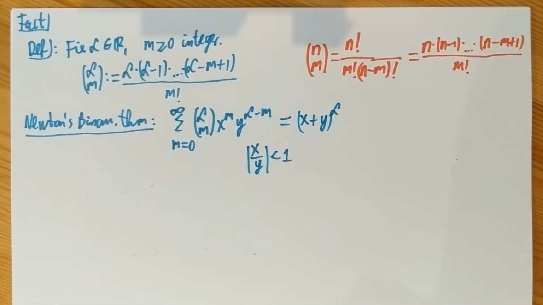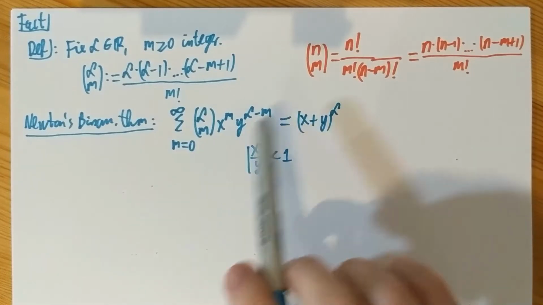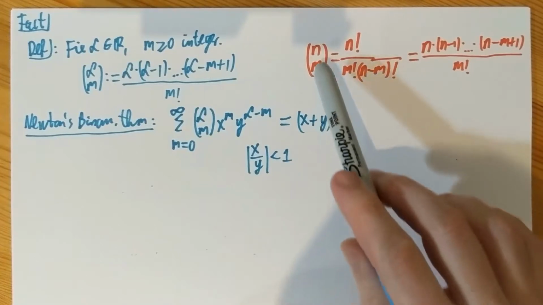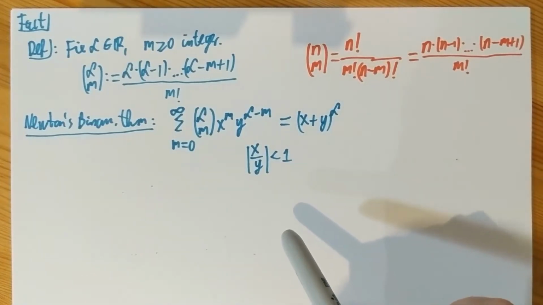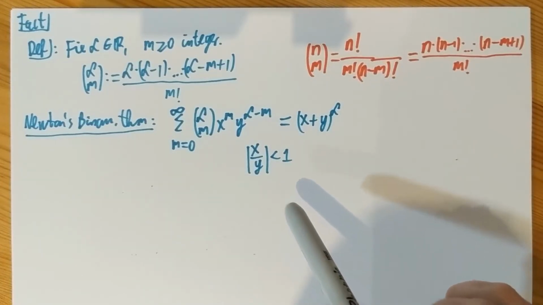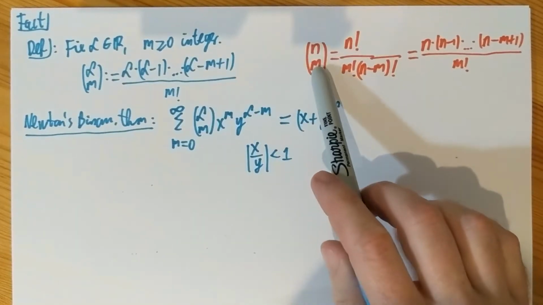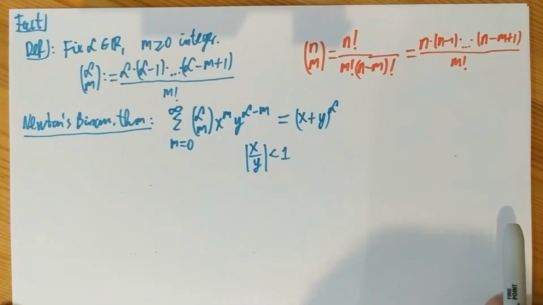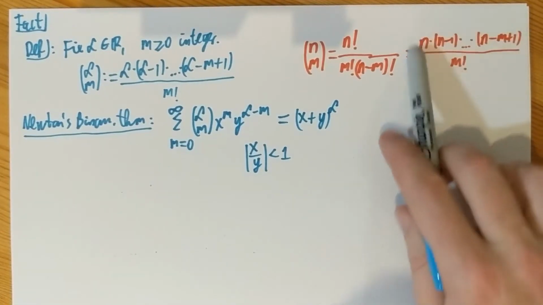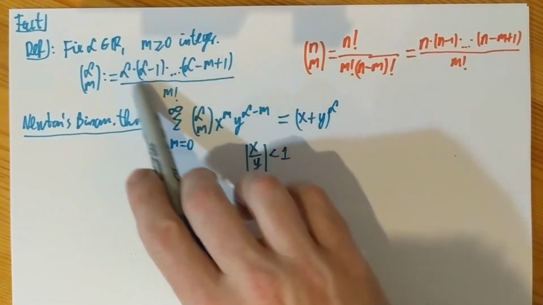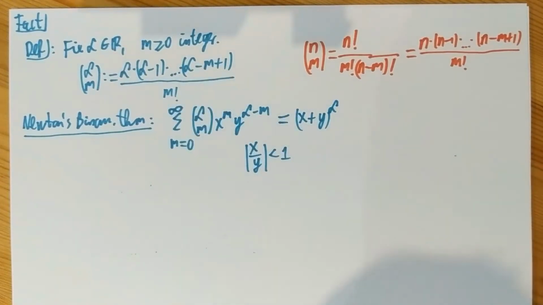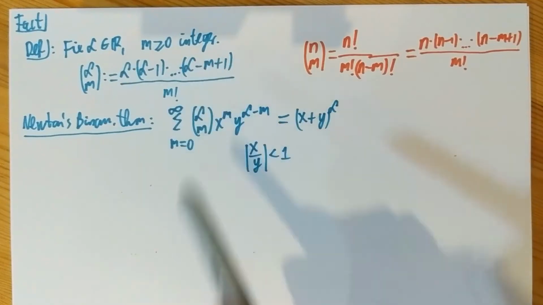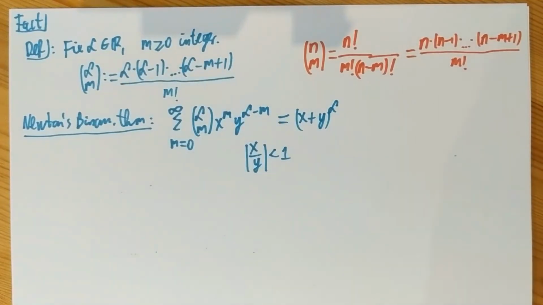Now, this is clearly a generalization of the binomial theorem for integers. If n is an integer, then n choose m is going to be 0 as soon as m goes above n, and that's easily seen from this definition. If alpha is a positive integer and m exceeds alpha, then this product will have a 0 in it, so the thing goes to 0.